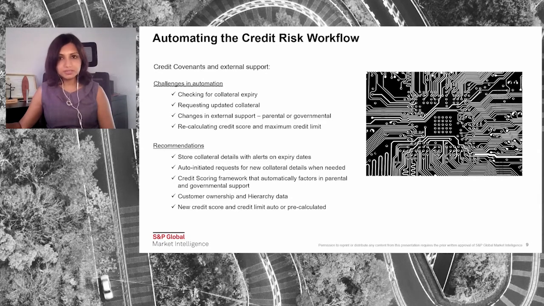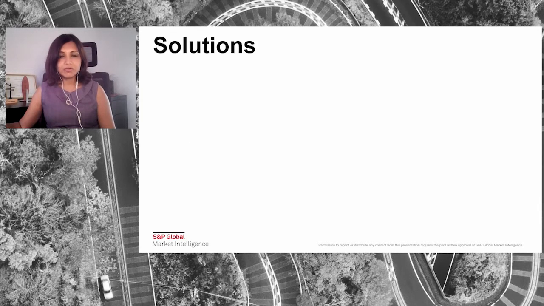Finally, as much as possible, you should be interpreting signals in the data which can be fed into the models as inputs, reducing manual intervention, and should then be a trigger for an updated and auto-generated credit score and limits. In the next section, we will now go through some of the solutions that we can provide to automate the workflow.